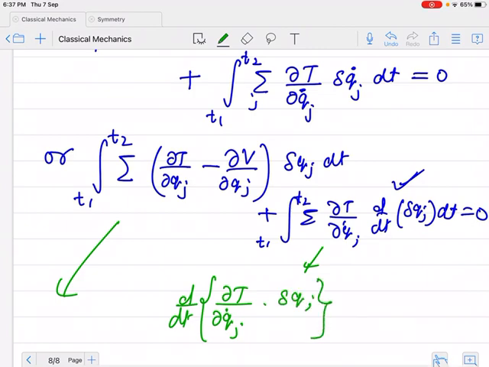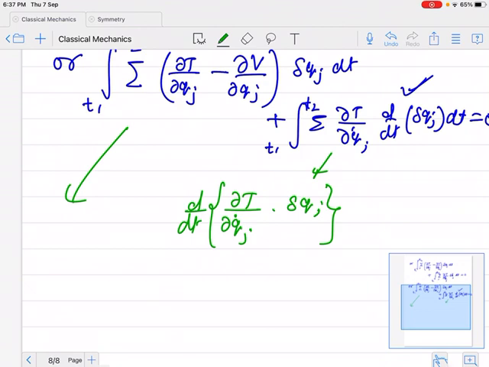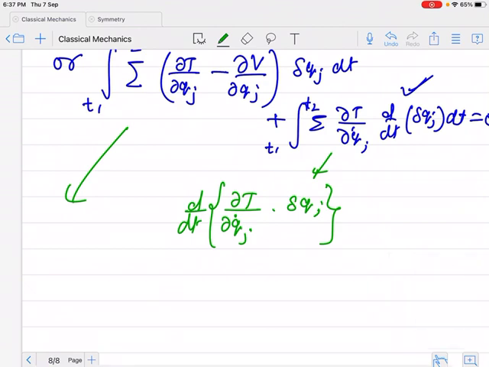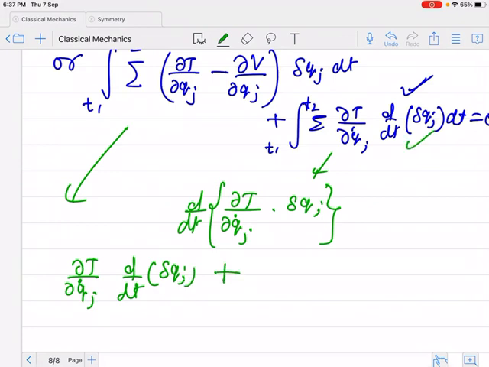The differentiation has two parts: the first term into the differentiation of the second, which is this term, plus the differentiation of the first term into the second term as it is.